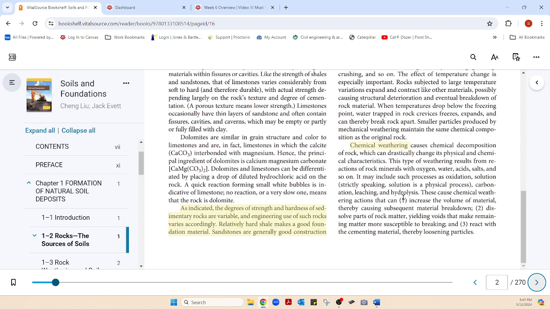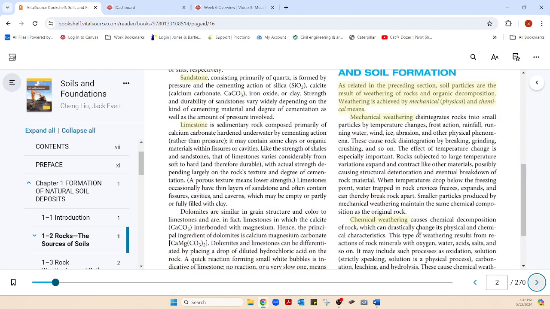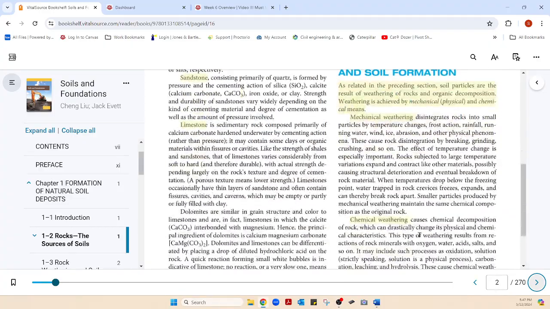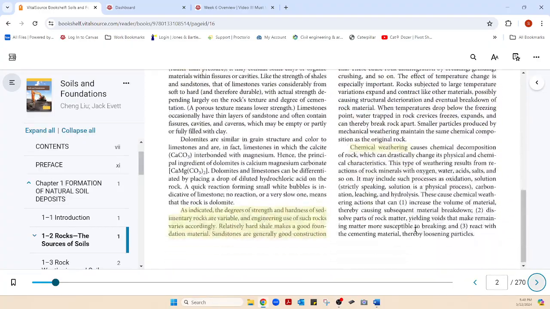Carbonation, leaching, hydrolysis, these cause chemical weathering actions that can increase the volume of material and thereby cause subsequent material breakdown. And two, it can dissolve parts of rock matter, yielding voids that make remaining matter more susceptible to breaking, that becomes porous. And three, react with the cemented material. Just jot down some notes about chemical weathering versus mechanical weathering.